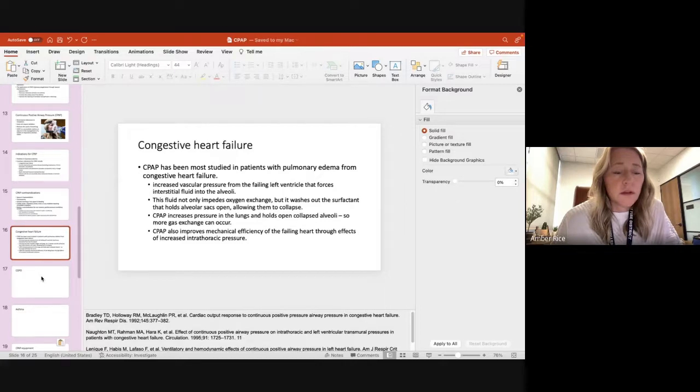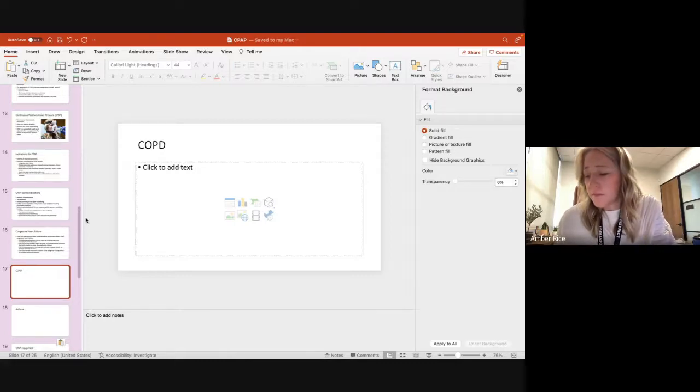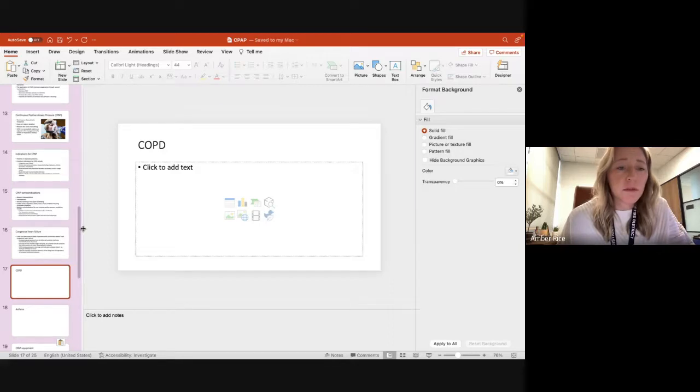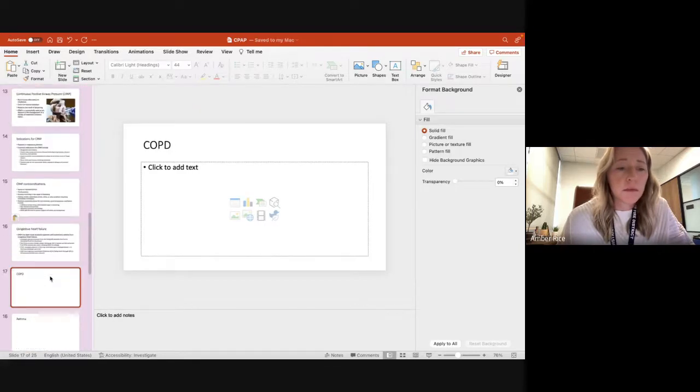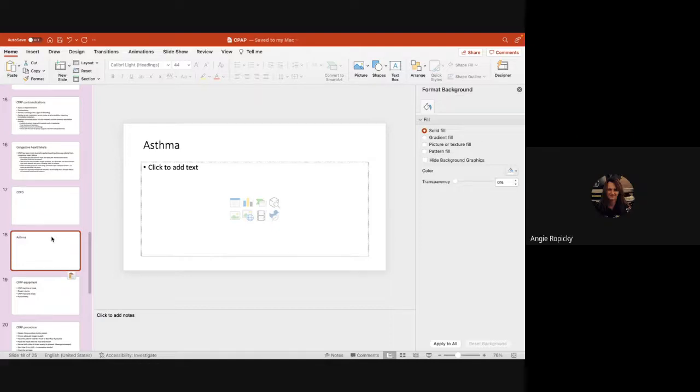Are you guys using it for anything other than these things? I have CHF, COPD, asthma is questionable, but people do use it for asthma. You could lump asthma and COPD together in the same one, because normally they fall under the same patient care guideline anyway.